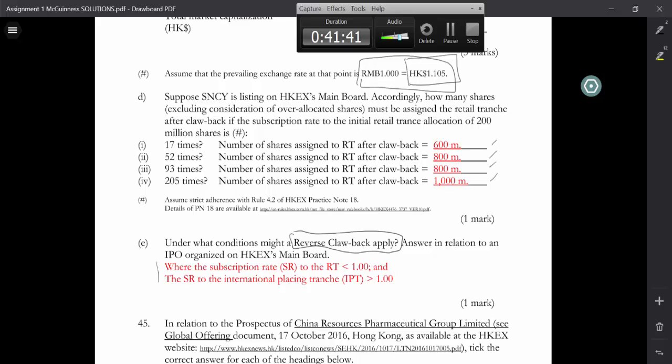Now, reverse clawback is the opposite. When the subscription rate to the retail is less than 1, you can't even sell all the shares in the retail tranche. But at the same time, the subscription rate to the international placement tranche is greater than 1. You need both of these conditions, because that means you have some shares in the retail tranche that you can't sell, but in the international tranche, people want more than what's available. Then that is a reverse clawback.